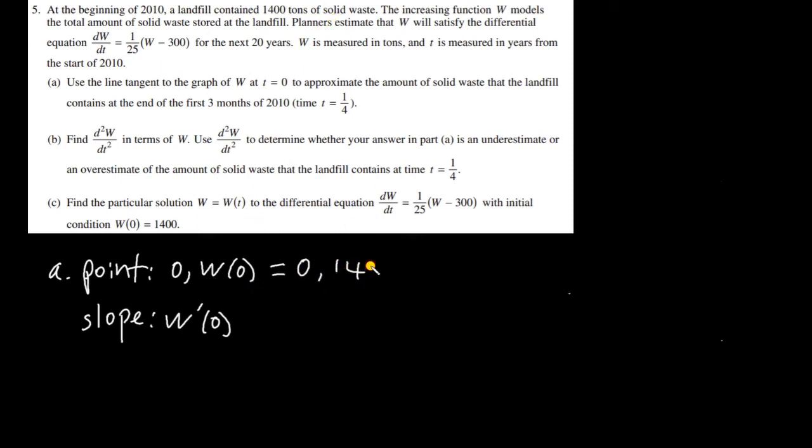So 0, 1,400. And then for W prime of 0, we have an equation for W prime, so all we have to do is plug in 0.